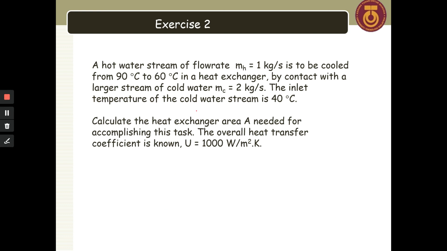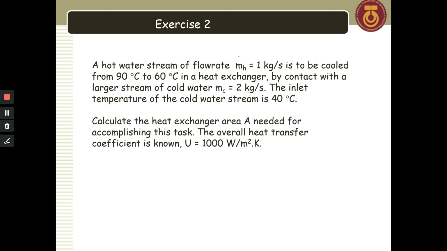Okay, so let's see. For exercise 2, first of all, we see that this is also a shell and tube heat exchanger. We can assume that it is 1-to-1. When it is not given, you can always assume it is 1-to-1 or a double pipe heat exchanger.